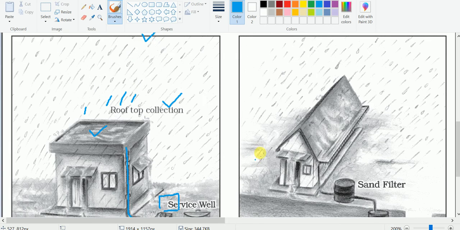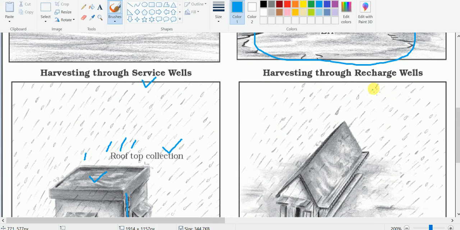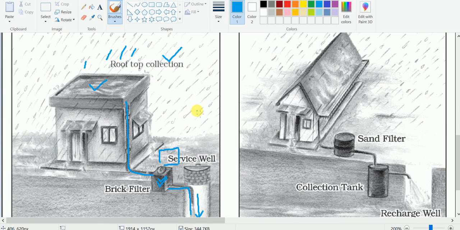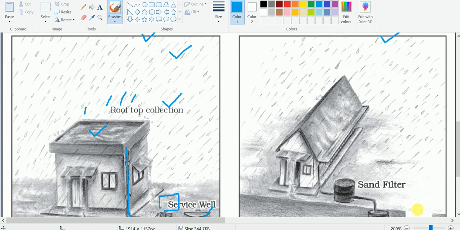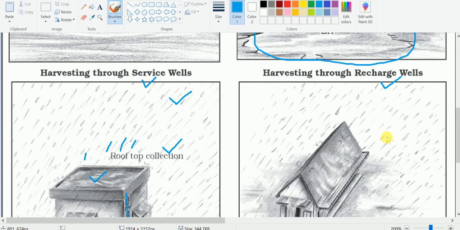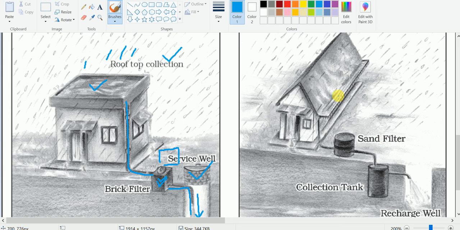Another one is harvesting through recharge wells. This is a service well, in use. So this is a well currently being used. We can recharge the rainwater in the well also after filtration, and we can recharge the rainwater in a recharge well. Here also, like before, rainwater is flowing down the slope of the roof. It is collected through the PVC pipe.